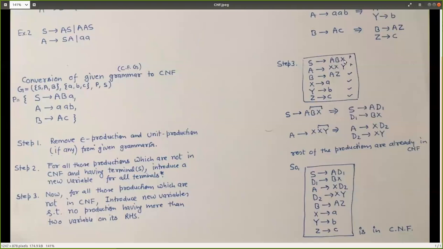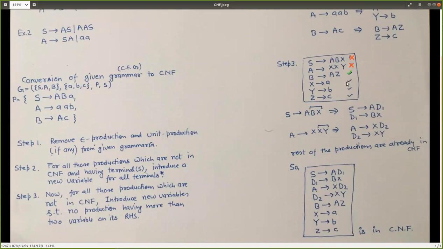This is not in CNF. Why? Because there are three variables on the right hand side. This is also not in CNF because again there are three variables on the right hand side, while in standard format there should be exactly two variables. Now this production B produces A Z is in CNF.